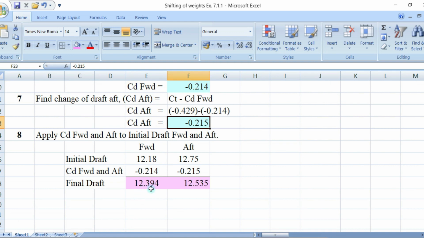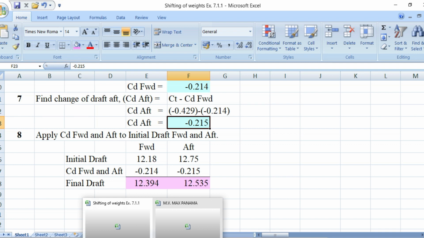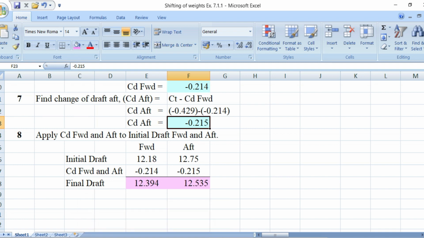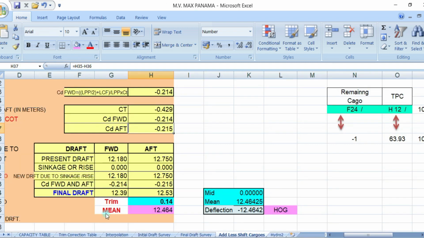So 12.39 and 12.53. Your trim will be 0.14, and your mean draft, forward plus draft up divided by 2, is 12.464.